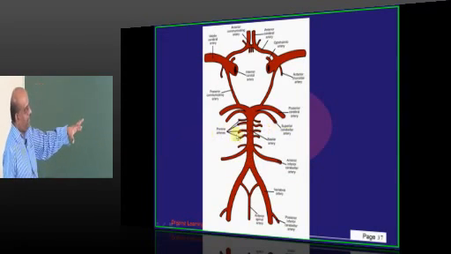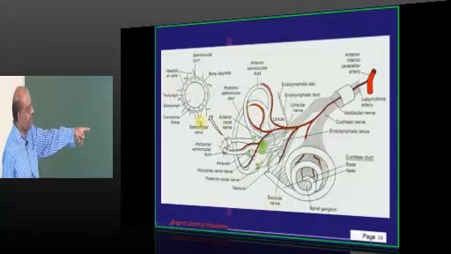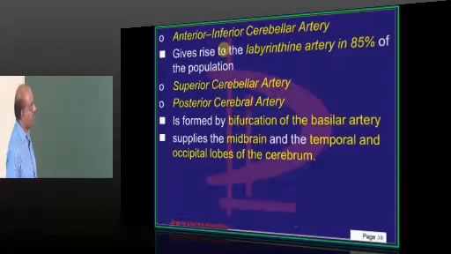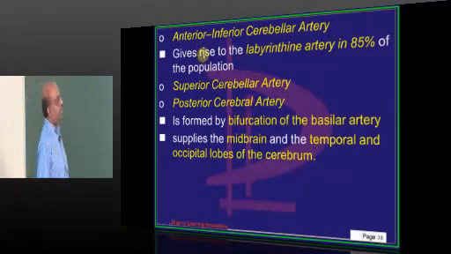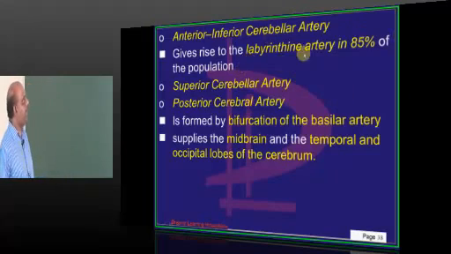These are all the various pontine branches, and it is also giving rise to the anterior inferior cerebellar artery, and from the AICA we have the labyrinthine artery, which will ultimately go and supply the vestibulocochlear apparatus. So in 85% of people the AICA will be giving rise to the labyrinthine artery.